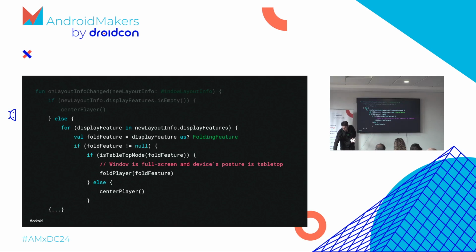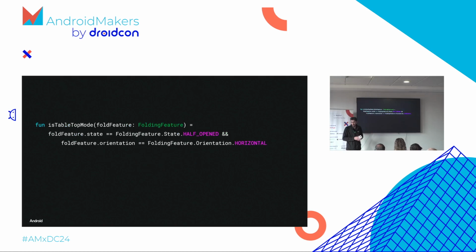Let's see the function isTabletopMode. That's very easy. A device is in tabletop mode if the folding feature is half opened and it's horizontal. Horizontal means it's wider than taller.